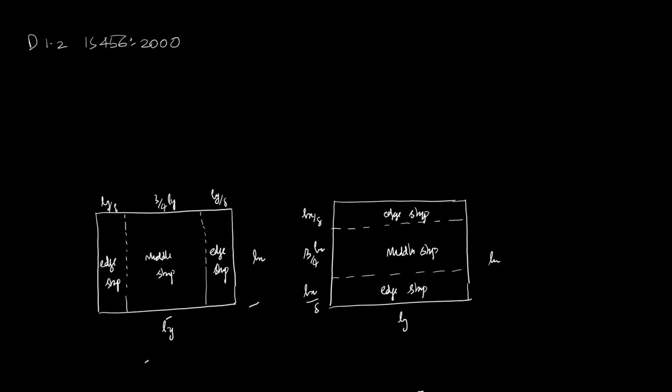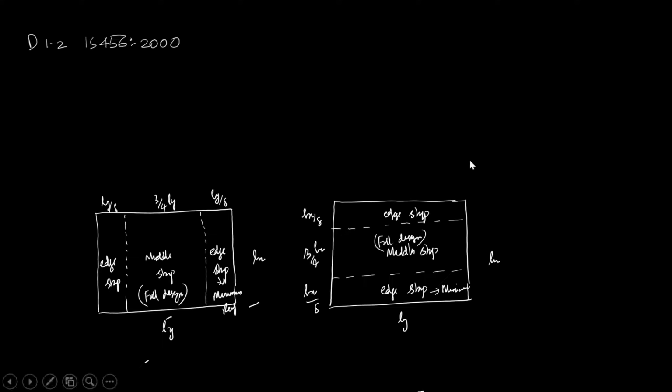So here the complete positive reinforcement is provided for the middle strip according to your design. At the edge strip we will provide the minimum reinforcement. Here we will be providing the minimum reinforcement, and here the full design reinforcement will be provided at the middle strip.